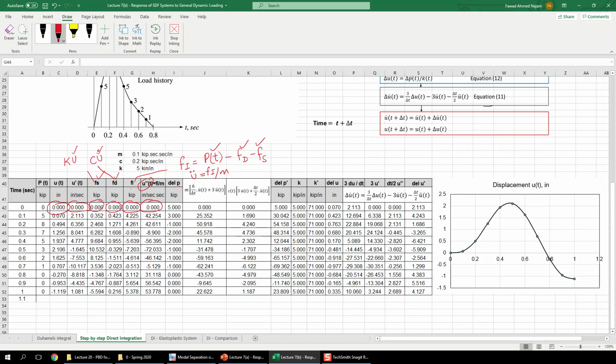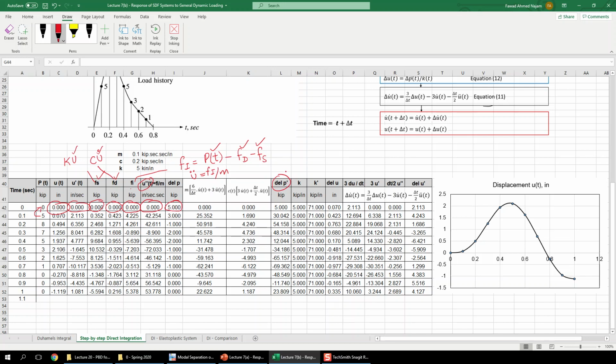Now delta p, which will be the next value of p minus this value of p, will be equal to 5, and that delta p is required to calculate the delta p prime here.